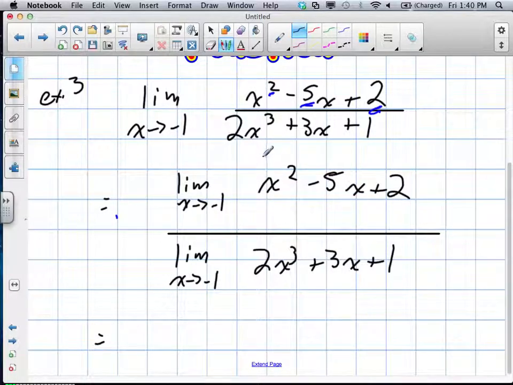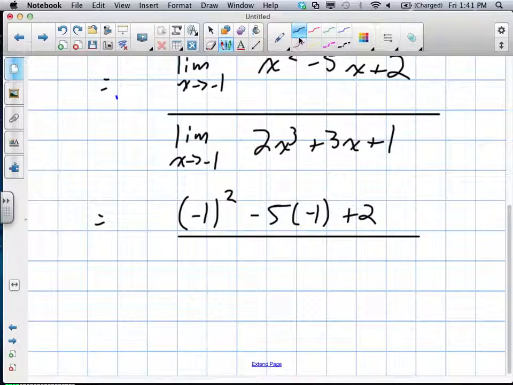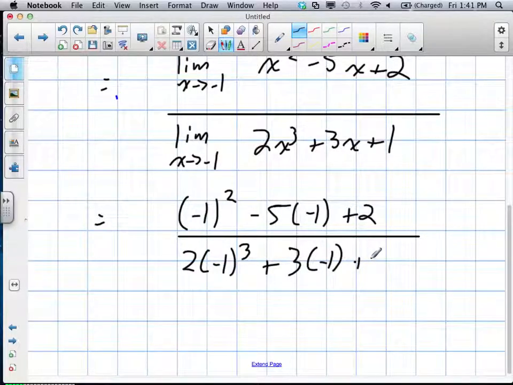So when we go and we find our limits, x approaches negative 1, we become negative 1 squared minus 5 times negative 1 plus 2, all divided by 2 times negative 1 cubed plus 3 times negative 1 plus 1. Okay. We work this out.